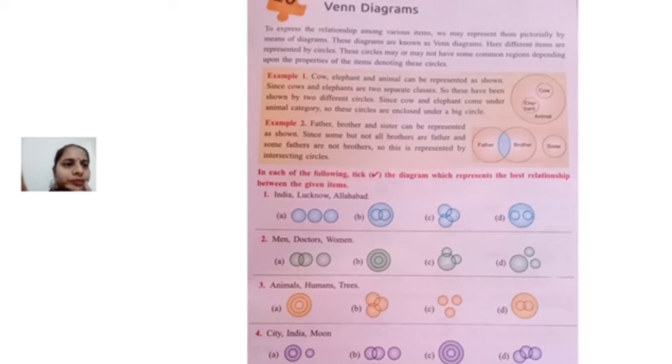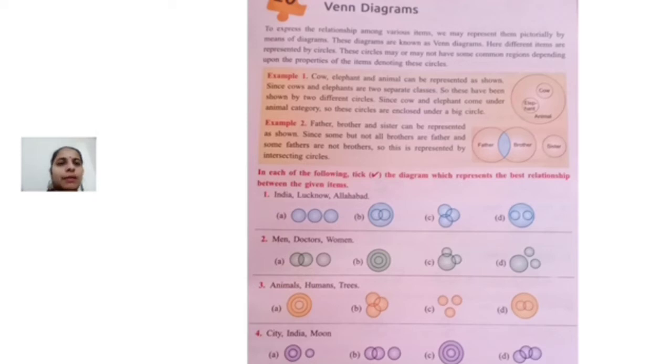So father is given in one circle, brother is given in one circle, but sister is given in the third circle and it is not related with the father and brother, because brothers can be fathers also and fathers can be brothers also. So that is why father and brother are shown as intersecting circles, but sister is totally different.